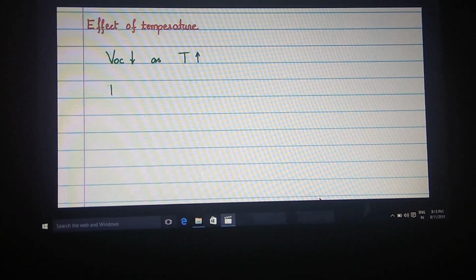Whereas in the case of short circuit current ISC, we saw that ISC increases as temperature increases.